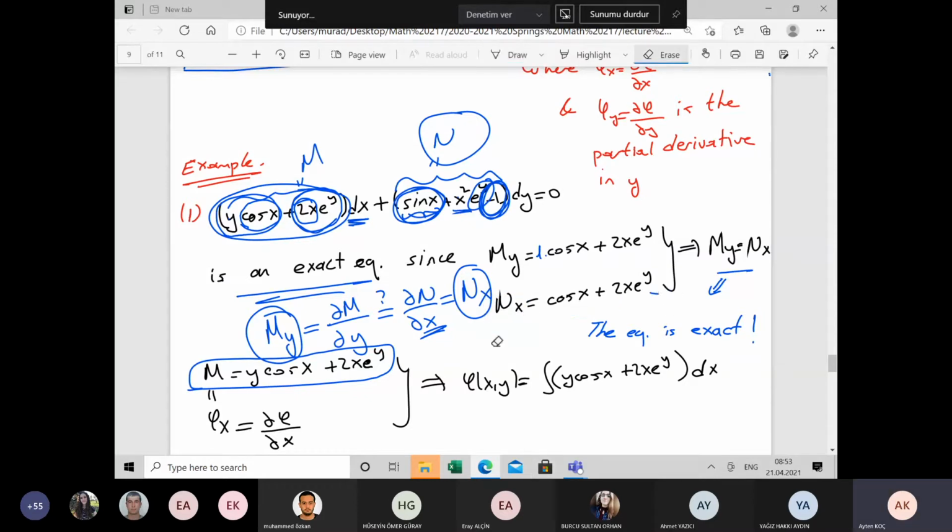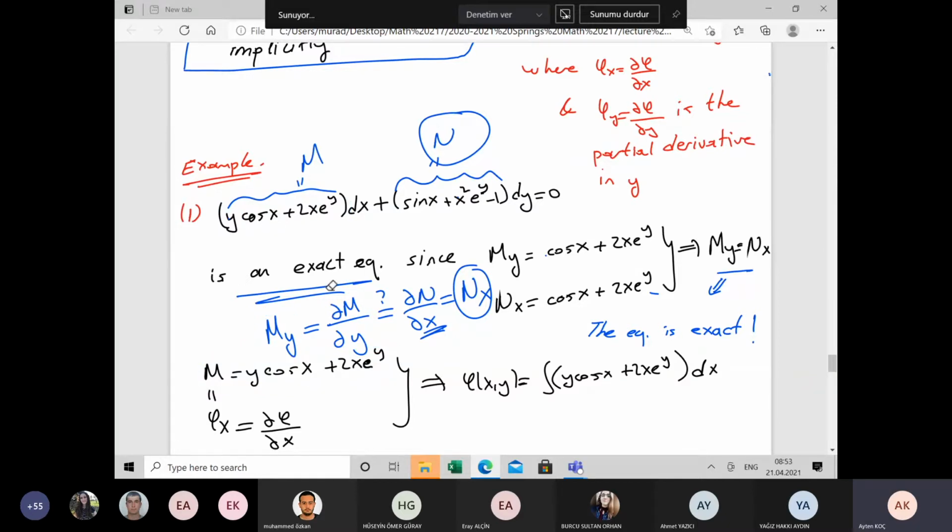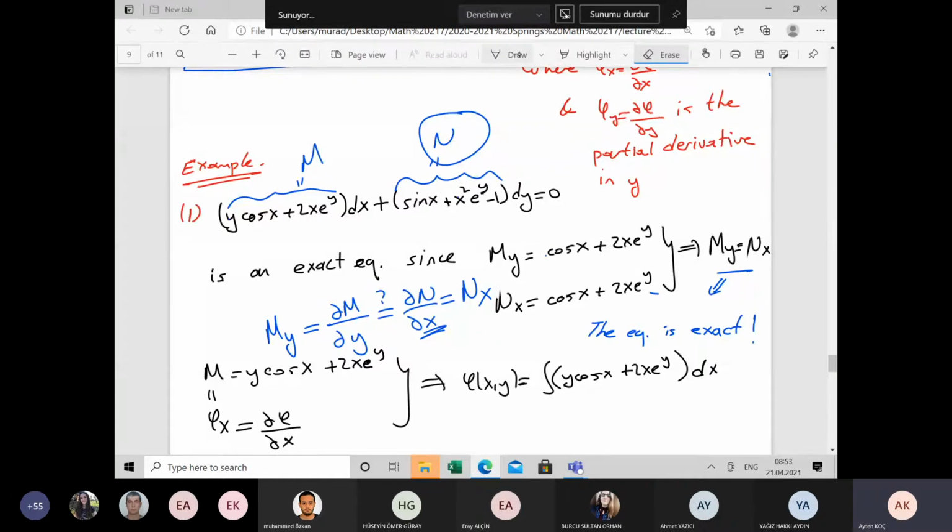So we obtain N sub x. Then check: this one is equal to this one. So M sub y is equal to N sub x, so our equation is exact.